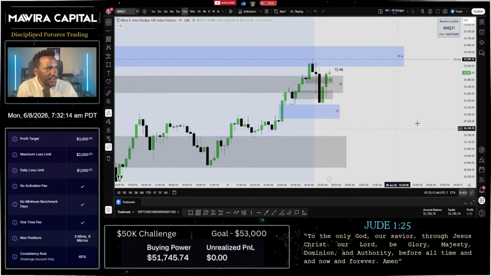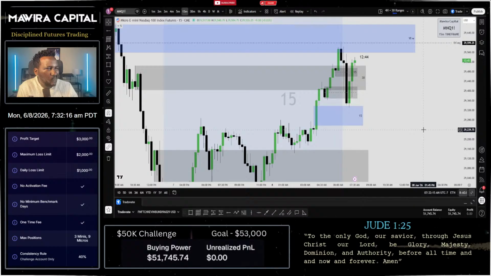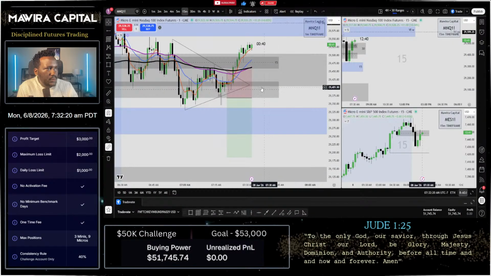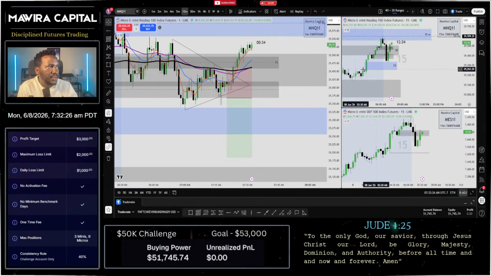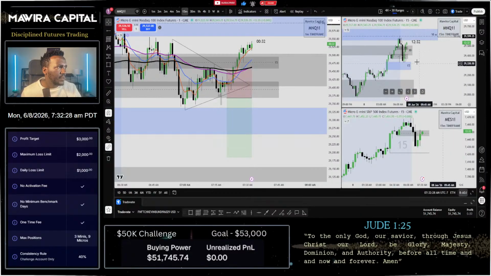So going to the 15-minute, do we have a trade on the 1 minute? Yes, we do. So not yet, but 50 is now crossing 100. So we are switching gears.